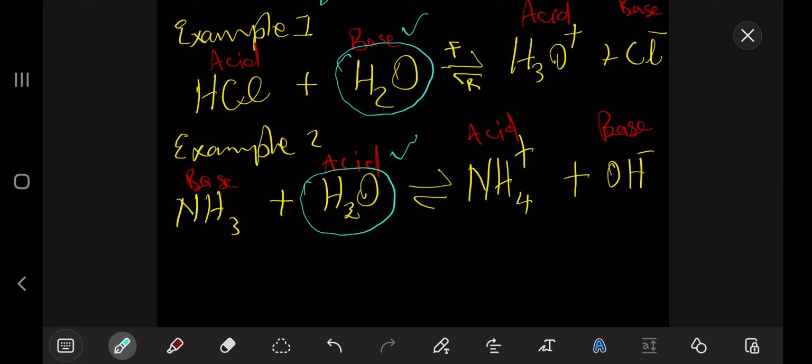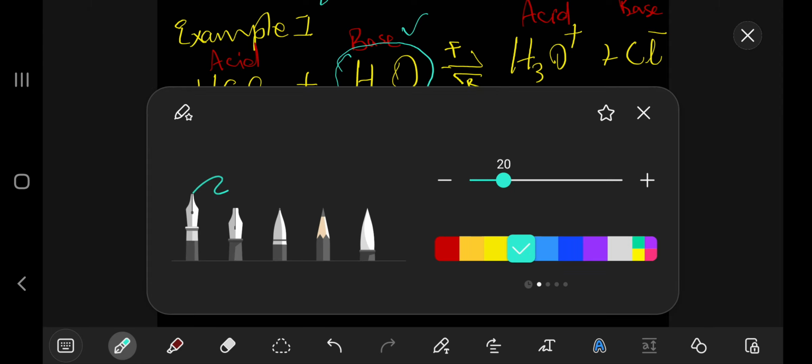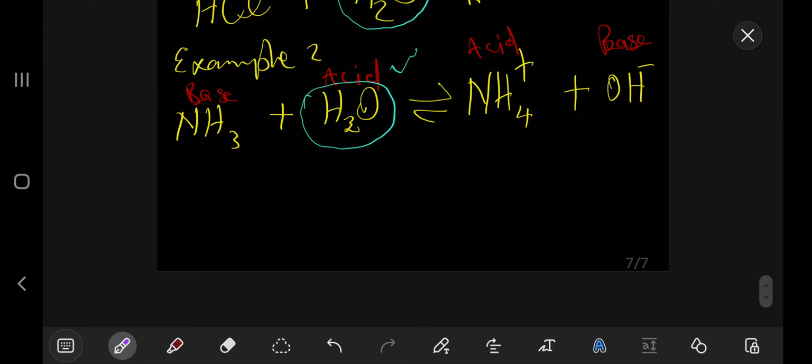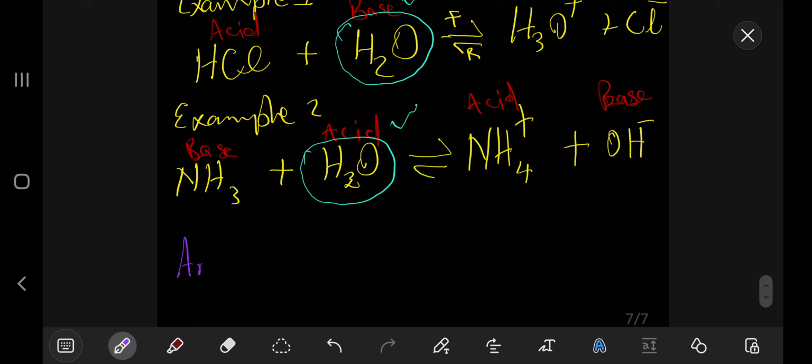So now it means this substance can act as either a base in the first reaction or an acid in the second reaction. So that substance, we call it an ampholyte. So it means water can act as a base, or it can act as an acid.